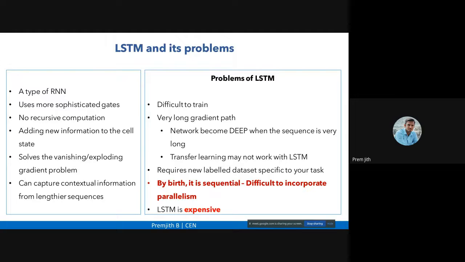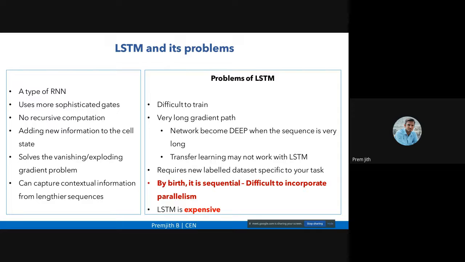Okay, then in LSTM we don't have any recursive computation, unlike the recurrent neural network, and we have a separate memory cell for updating the contextual memory for each word at each time step in the network. Then there are certain problems with the RNN, called vanishing gradient or exploding gradient, and LSTM's first and foremost application is to resolve that issue.